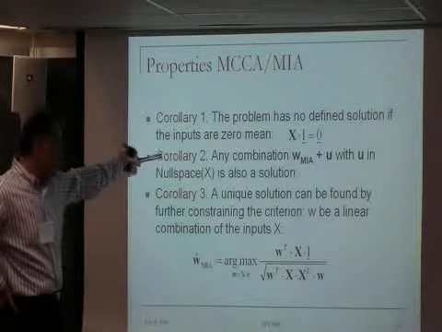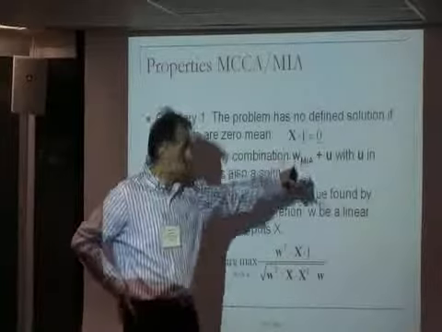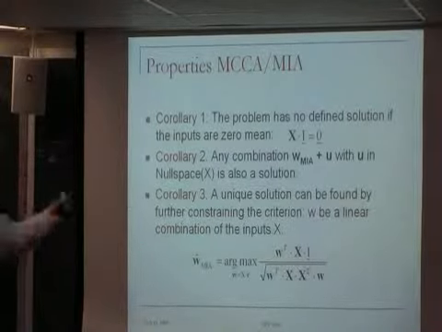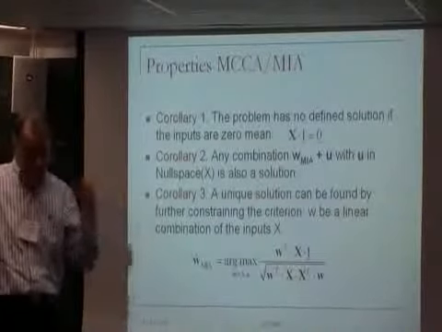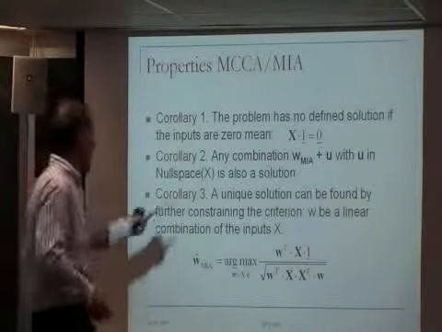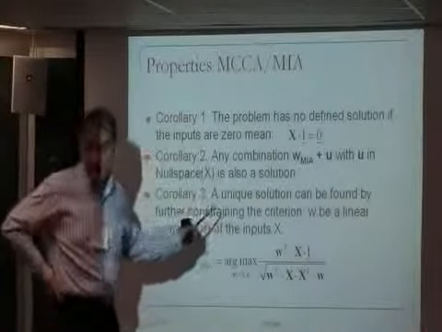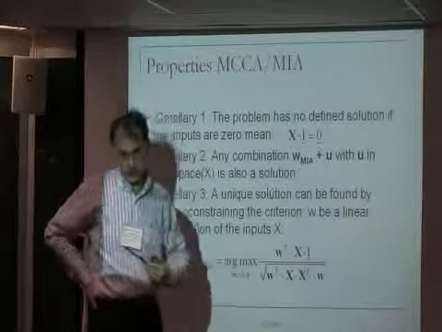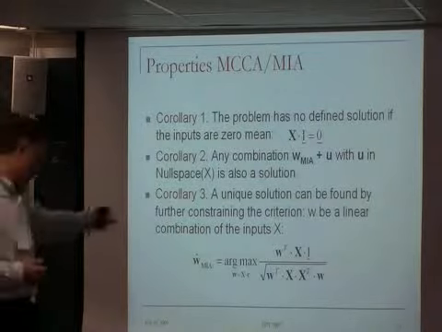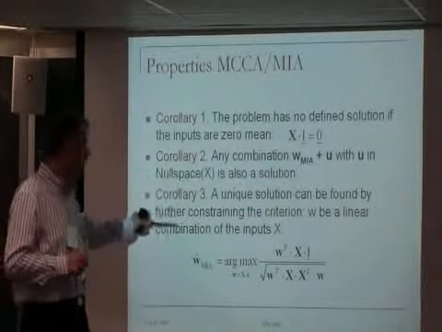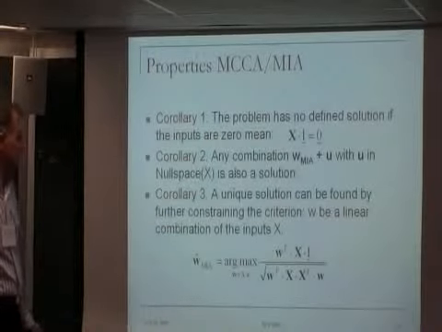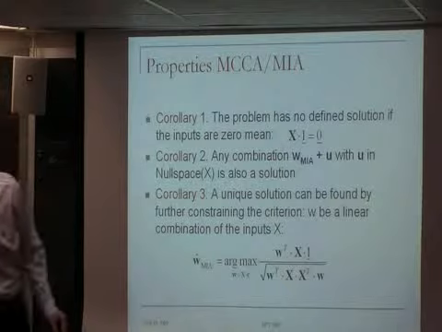Corollary 2: any combination W plus U, with U in the null space of X of the original data, which exists, remember the constraint on dimensionality, N is less than D, so that's non-void, is also a solution. So we actually have an infinity of solutions. We like to fix on one, and we can do that by putting the additional constraint that we are in the span of the inputs.